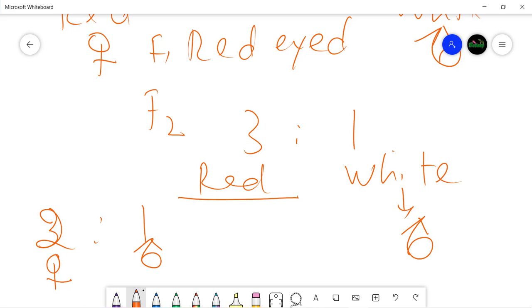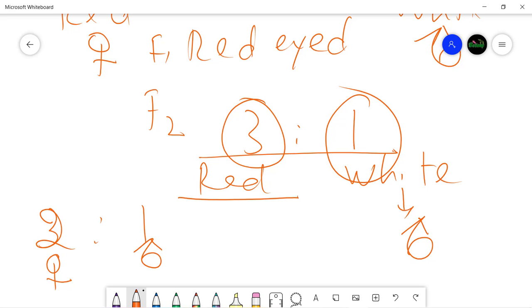So obviously this is a strange result. According to Mendelian inheritance, this should have been 50-50. Of these three quarters, 50% would have been male and 50% female, and similarly these white-eyed flies would have been 50% male and 50% female. The result was totally different, although he obtained 3:1.